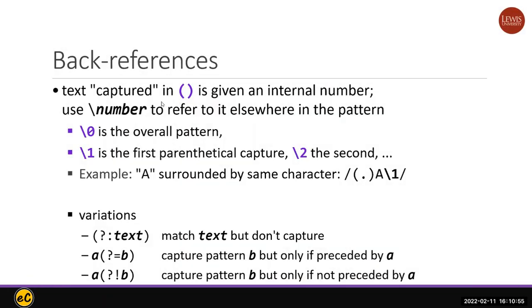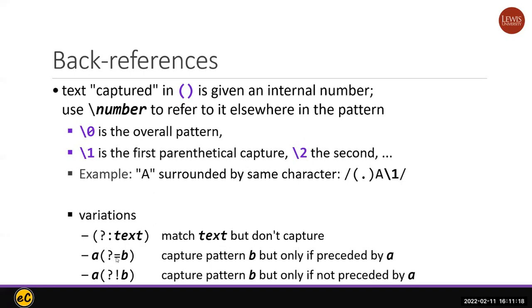Okay, back reference. Back reference means that you can capture. This one is used for grouping and capture. So you actually can have backslash number to refer to the captured number. Here you can have a question mark colon, matching text but not capturing.